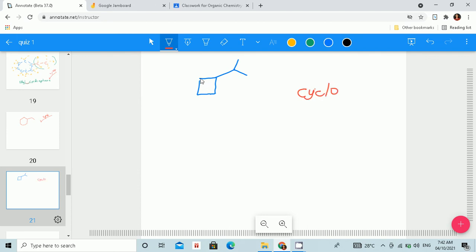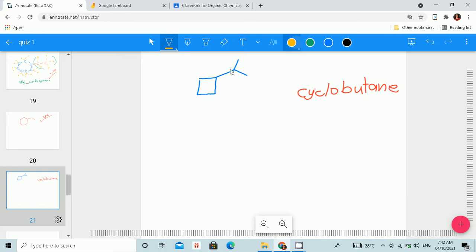And then let's count the carbon atoms. 1, 2, 3, 4. When we have 4 carbons, that is but. And then we have only single bonds, so butane. So this is cyclobutane.